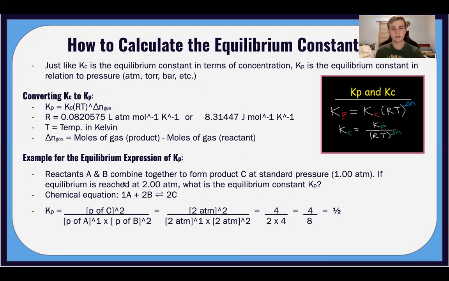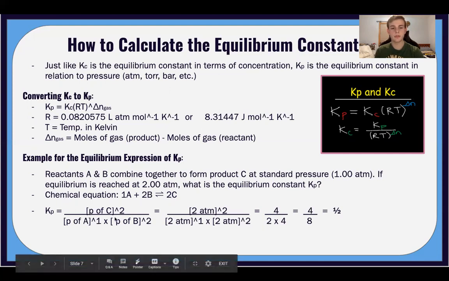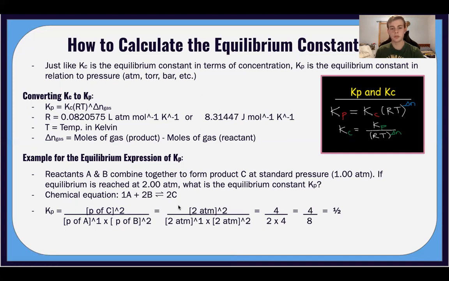So we have reactants A and B combining together to form product C at standard pressure. If equilibrium is reached at double that, what is the equilibrium constant Kp? I just have a basic chemical equation here, and we have the pressure of C to the power of 2 because of the coefficient. Then we divide that by the pressure of A to the power of 1 for the coefficient, times the pressure of B to the power of 2 for the coefficient there. Then we sub in our values.